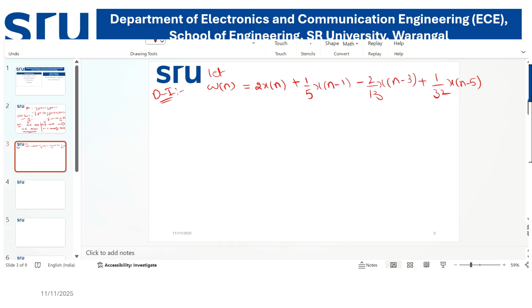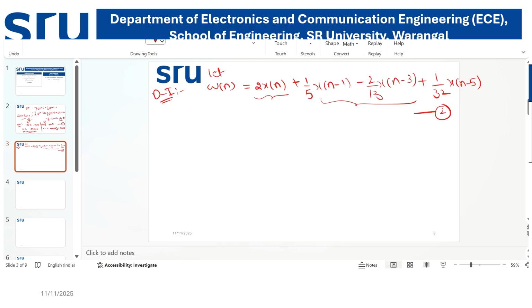Now here we have the present input, that is x of n, and these all are past input values. In the past input values itself, x of n minus 2 is missing, right? If n minus 2 is missing, then the coefficient is 0. Then again n minus 4 is also missing, that is, the coefficient for x of n minus 4 is 0. Now give it as equation number 2.